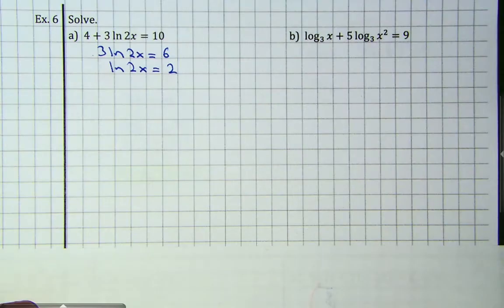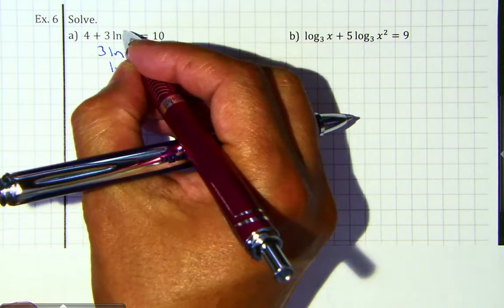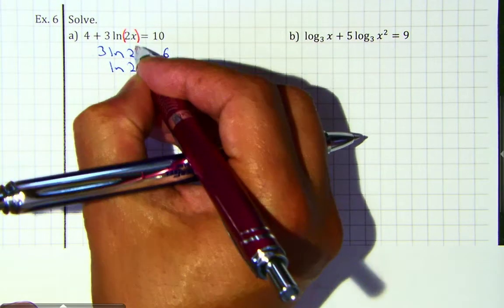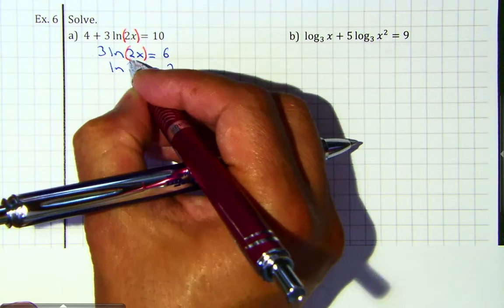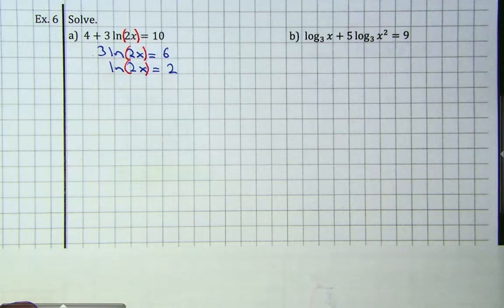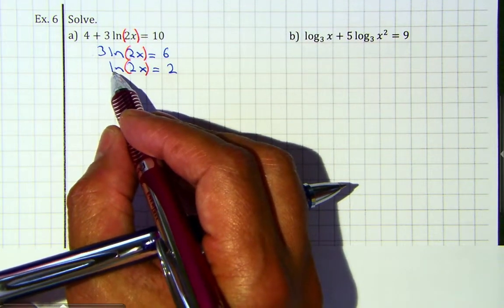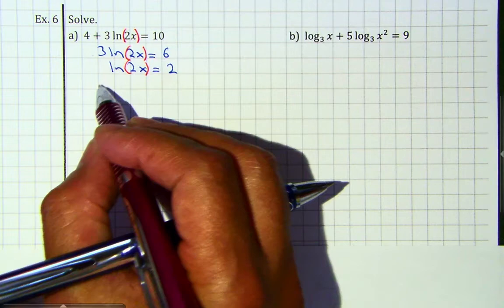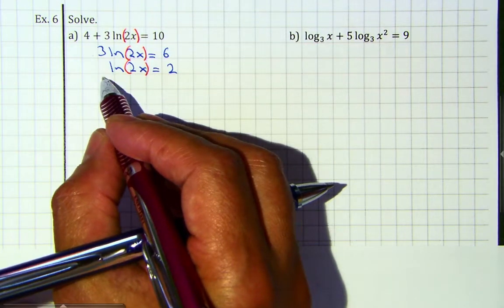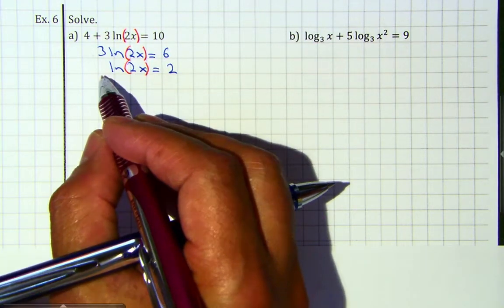Now, remember that whenever you see this expression, the 2x ideally should be in parentheses, but we don't always write them down. So I can't get rid of the 2 yet. I need to get rid of the natural log. So to get rid of ln, I'm going to do a base on both sides.